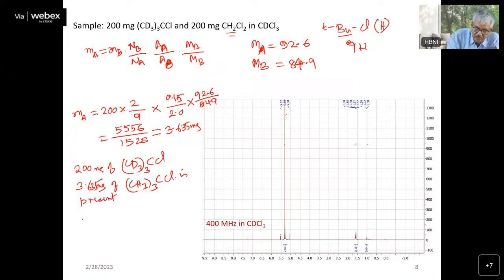So the percentage of D, if you do it, you will see that it is 98.2% purity. Okay, so one can find out this way. I have shown it for isotopic purity, but it can be applied for any other kind of impurity.